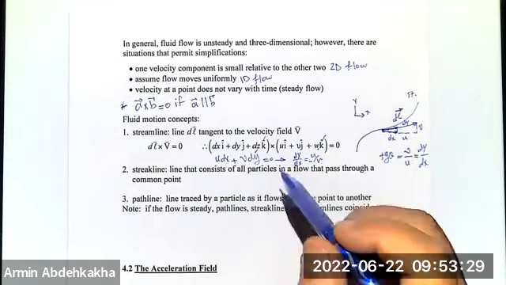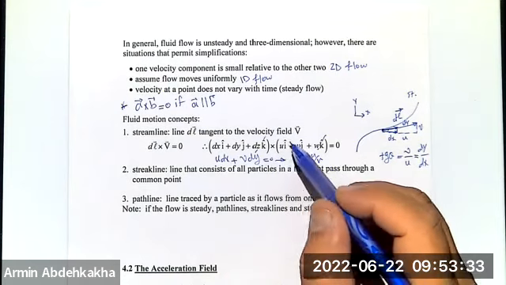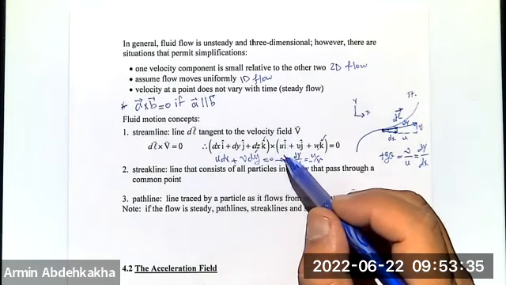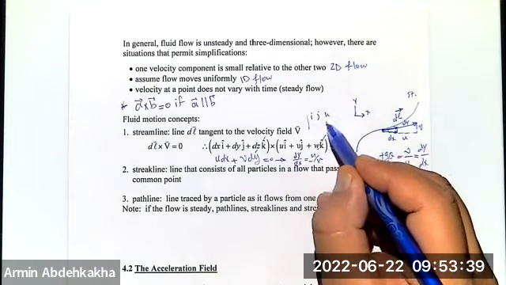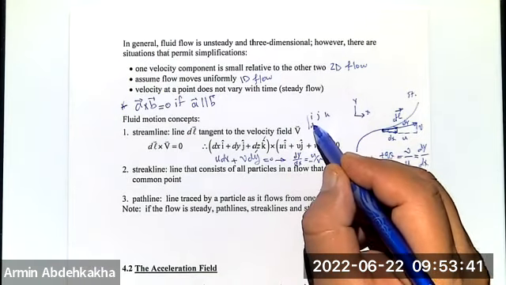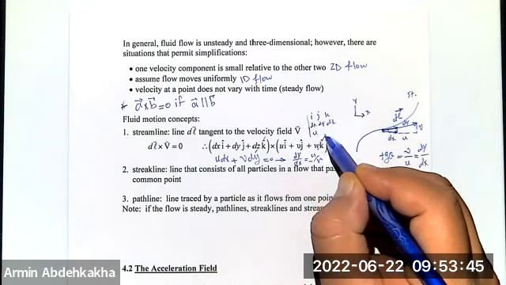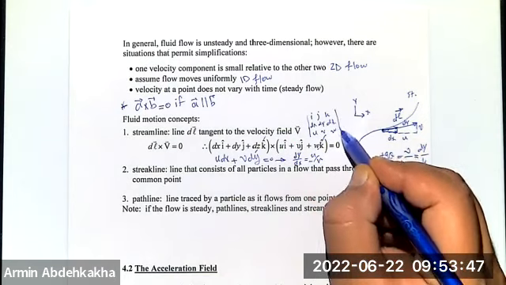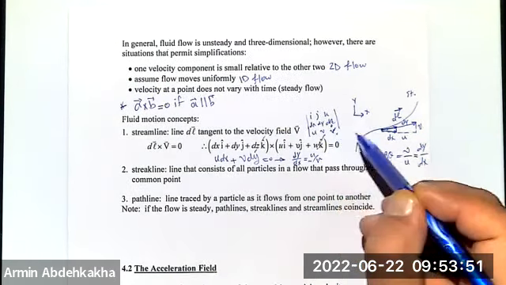This actually, you need to do the cross product, right? So for crossing these two vectors, it's like i, j, k, dx, dy, dz, and also u, v, w. And you can say that, okay, these are zeros.